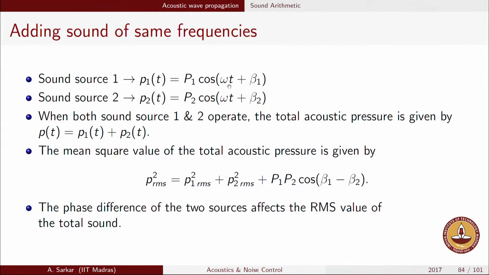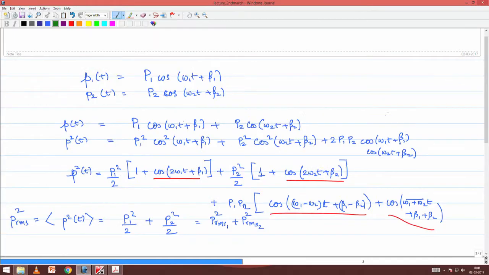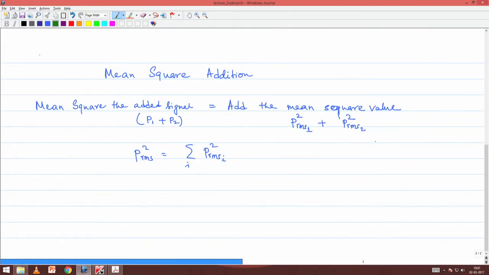That is when you have two sources emitting sound at the same frequency. Even from the concept of phasor, the fact that the phase difference between the sources does affect the result can be understood from a slightly different perspective. Maybe I will do that. If you look back at the phasor concept, with each source we associate a phasor representation.